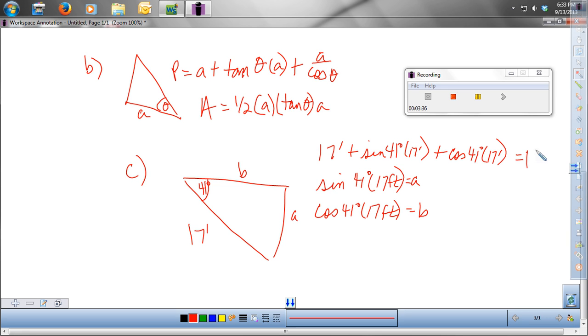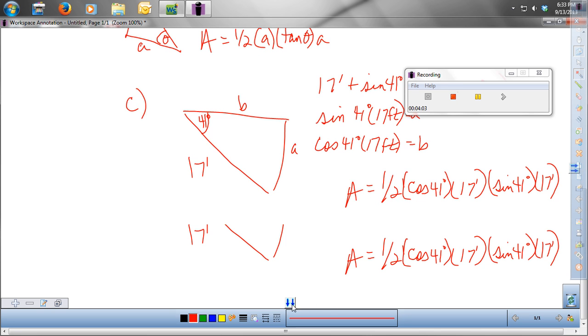That's the perimeter. And then the area is going to be 1/2 base. And the base we said was cosine 41 times 17. So there's my base. My height is sine of 41 times 17 feet. And again, they can punch that all in and get a number value, or they can leave it like that, whatever you want.